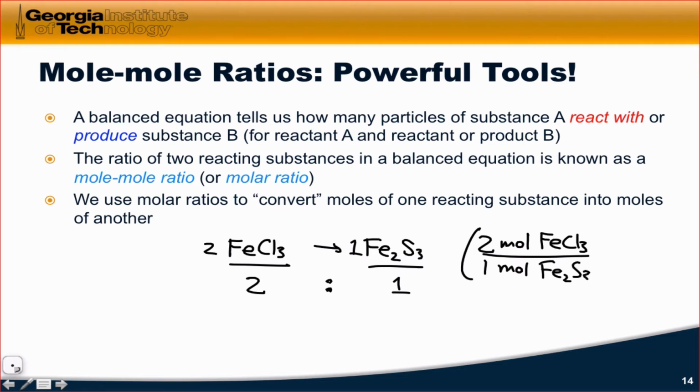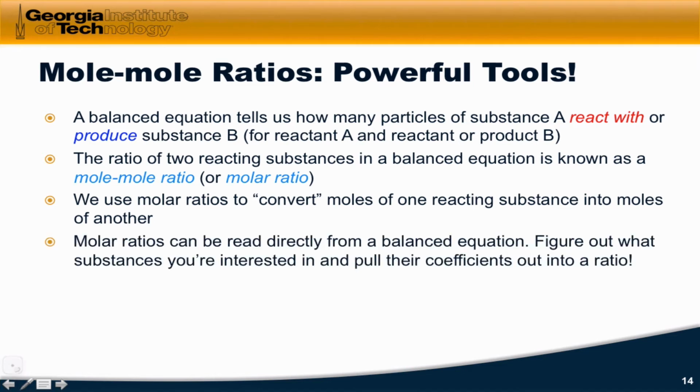And of course, the reciprocal of this, the inverse molar ratio, is equally valid if we wanted to arrive at moles of Fe2S3. As we've just seen, we can read these molar ratios directly from a balanced equation. Figure out what substances you're interested in based on the parameters of the problem and pull their coefficients out into a ratio. It's as simple as that. On the top of the ratio, put the substance whose moles you ultimately want to find.